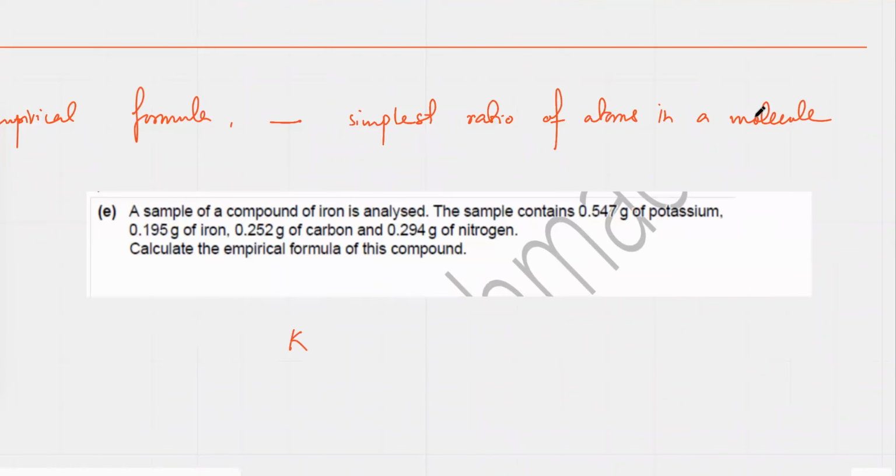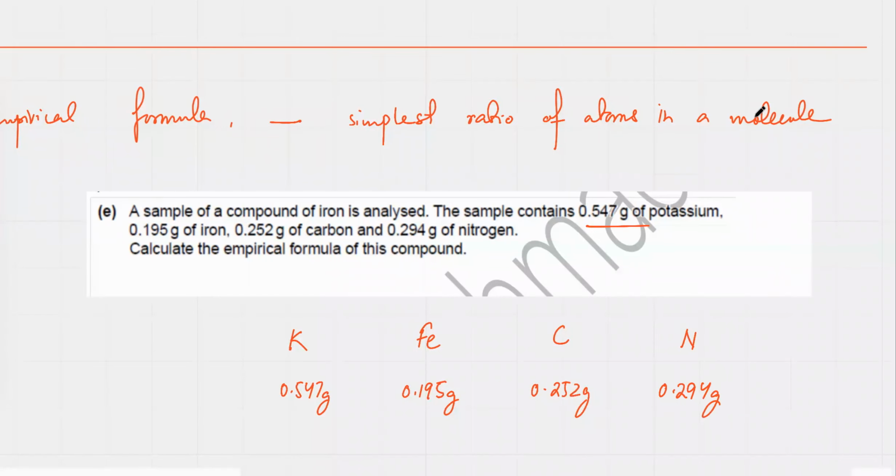And they've given us the mass of potassium, 5.547 grams. This could be in percentage as well. You're given the mass of iron, which is 0.195 grams. And you're given carbon as well, which is 0.252 grams. And nitrogen as well, which is 0.294 grams.